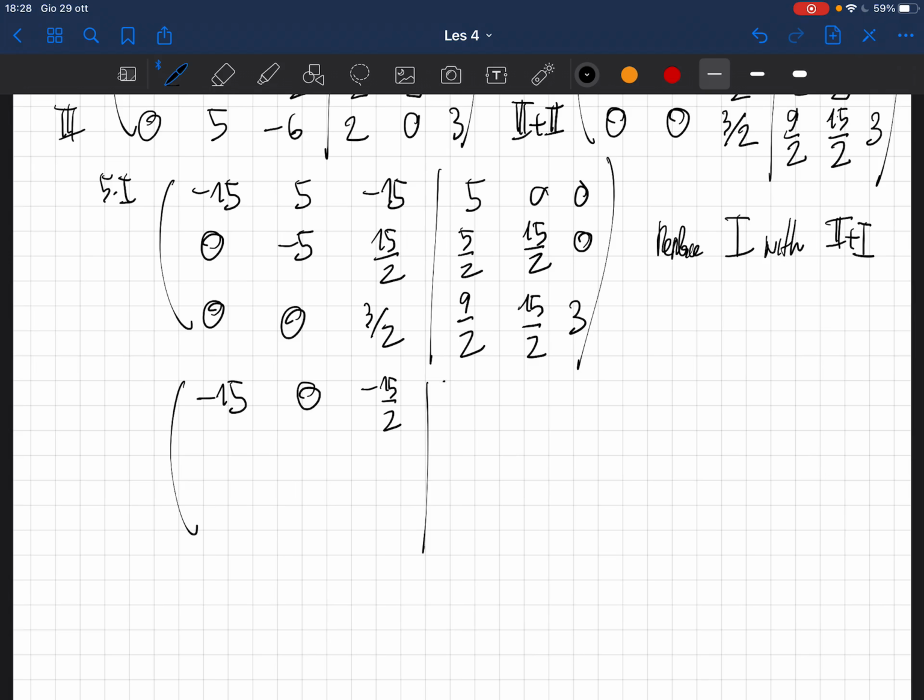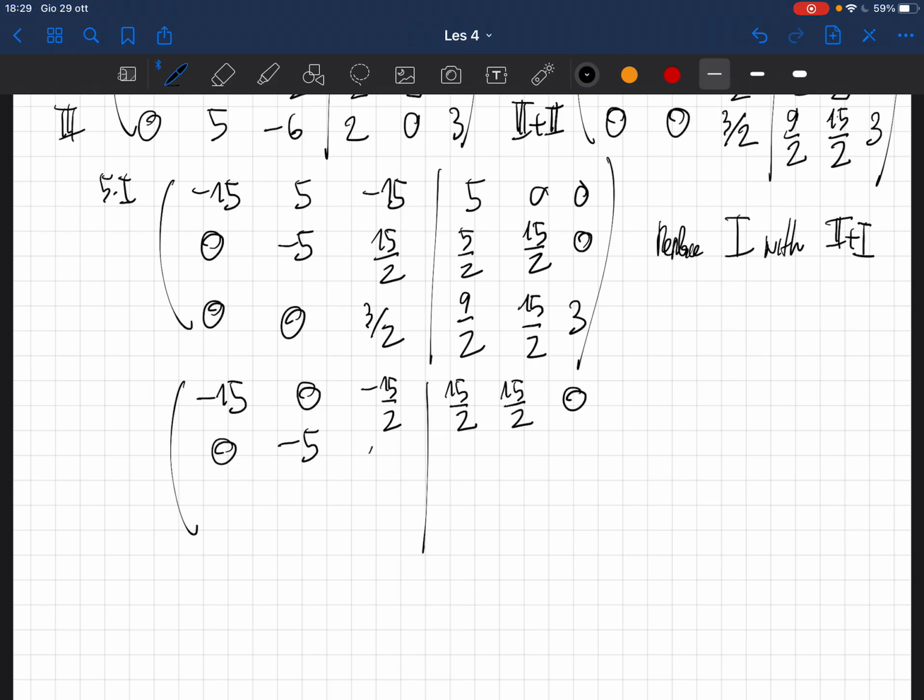Okay, so it's 5 plus this, which means 15 over 2. Exactly. And here 15 over 2, 0. Okay. Looks good.